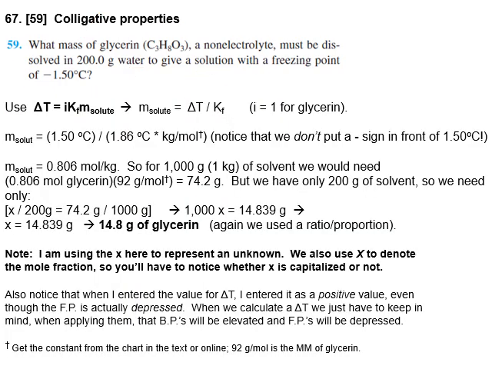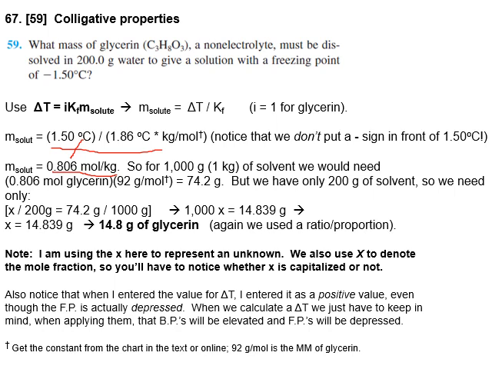So when we do what I said and we divide the delta T by the K, and the K was 1.86 degrees centigrade times kilograms per mole, we get 0.806, and that's moles of solute per kilogram of solvent. So if we had 1,000 grams, we would have 0.806 moles, but we don't.